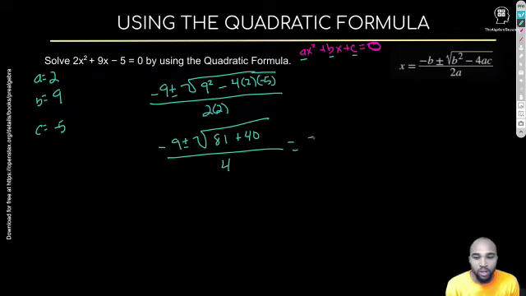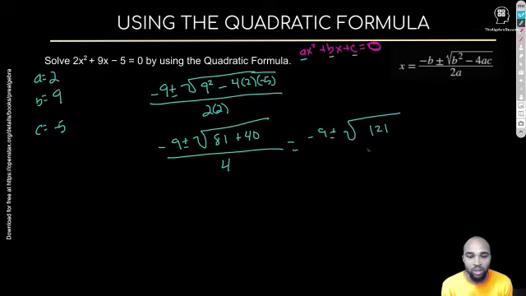Breaking that down even further, plus or minus the square root, 81 plus 40 is 121. I should have just done this radical by itself so I don't have to write out everything. So now I know that it's negative 9 plus or minus 11, because 11 times 11 is 121, all divided by 4.